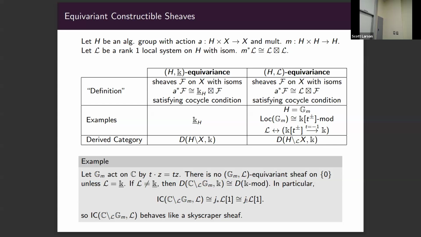It's just like a star extension or a shriek extension. And so in particular, one description is that this local system is clean. And so I want you to internalize that this IC extension behaves like a skyscraper sheaf. It doesn't have any interesting cohomology at 0. All the cohomology at 0 will be picked up by the equivariance. It has no equivariance at 0. And so you just get something that's quite simple.